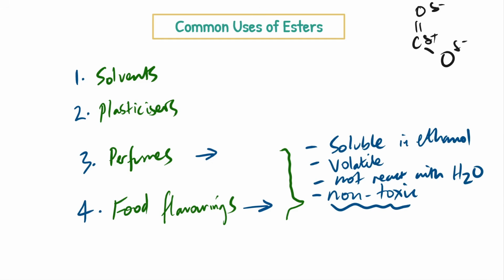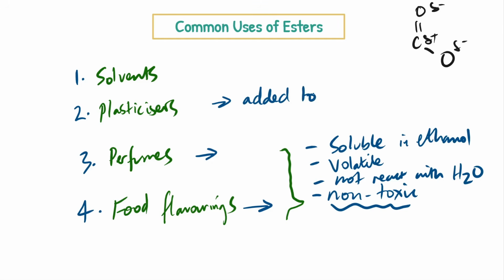Last one here, plasticizers. You don't really need to know what a plasticizer is exactly, but it's essentially something that's added to a polymer. Why is it added? It's normally because pure polymers are going to be very rigid. They have limited flexibility. If we incorporate some esters, some plasticizer into the polymer, it allows those chains to be a bit more flexible.